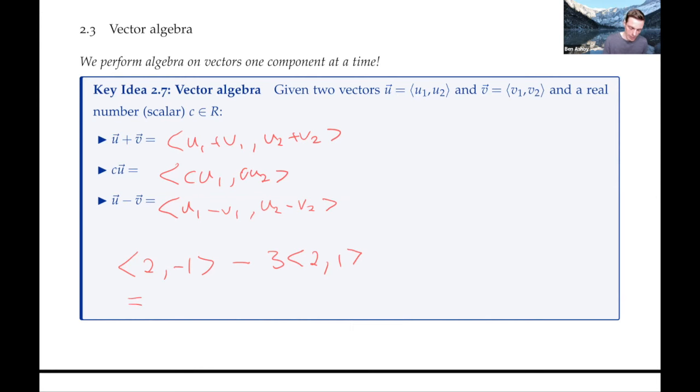Well, doing it component-wise, that's 2 minus 3 times 2, and minus 1 minus 3 times 1, which is going to give us minus 4, minus 4. So everything that you know about scalar algebra, you can apply those same principles of addition and scalar multiplication to vectors.